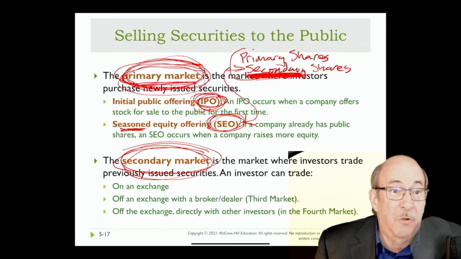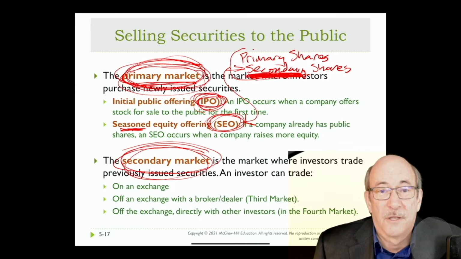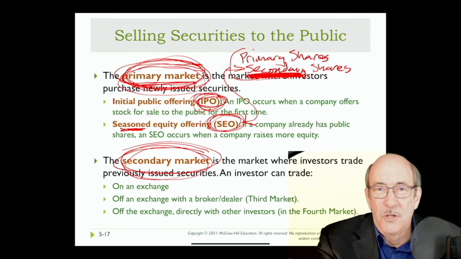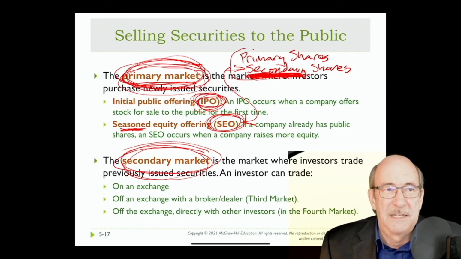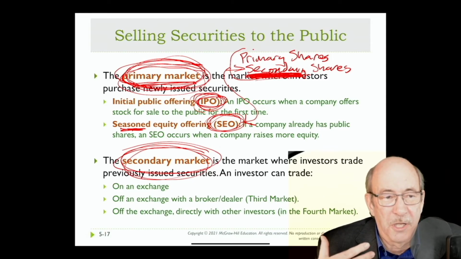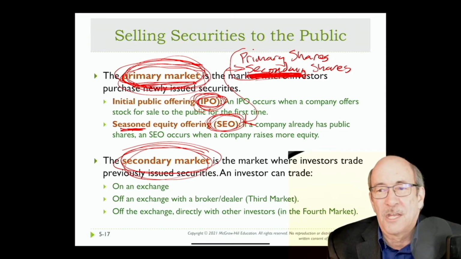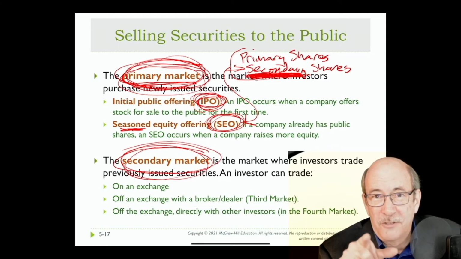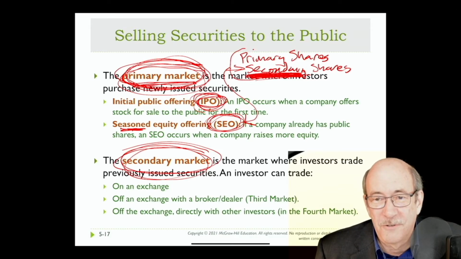And if the company agrees and the SEC is fine with it, then we actually have a mix of primary and secondary shares. Now, there's no label on these shares. So when you and I buy these shares, it doesn't say secondary or primary. But this is just a way of thinking about what these shares are. It doesn't matter to the public. It does matter to you and me as students of finance and investing.